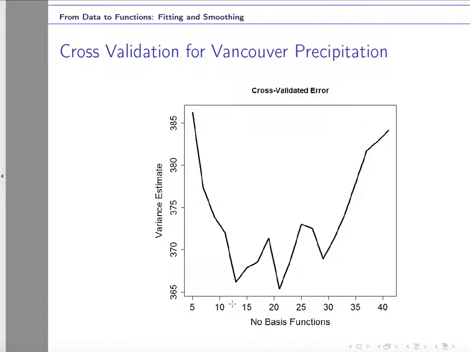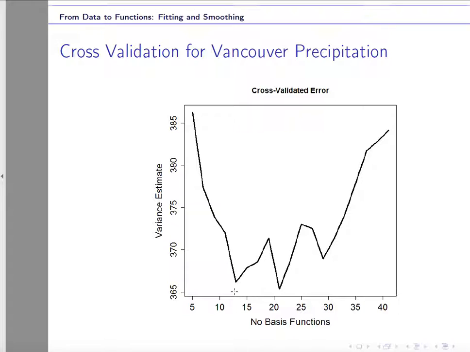In this case it is equal to 13. In other words, we want to choose as small a number of basis functions as possible. Therefore, if we just have these cross-validation curves, we recommend choosing 13 basis functions.